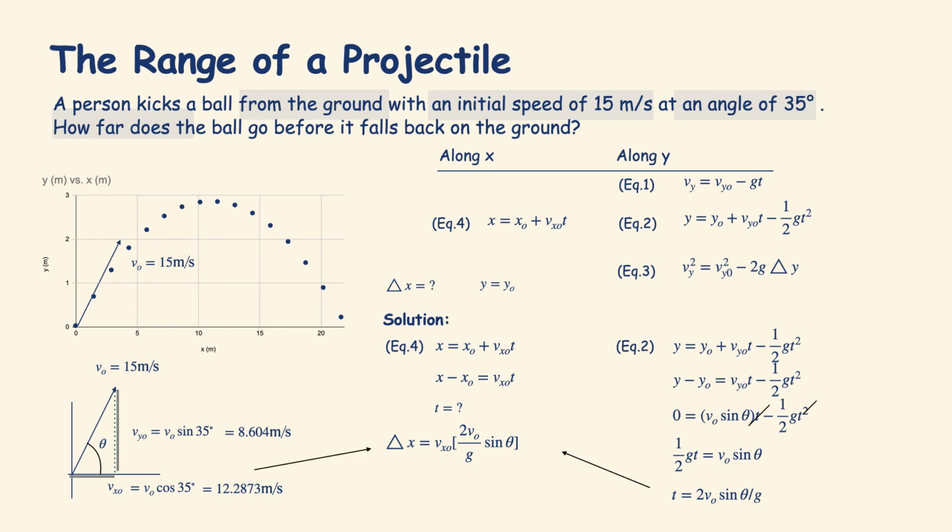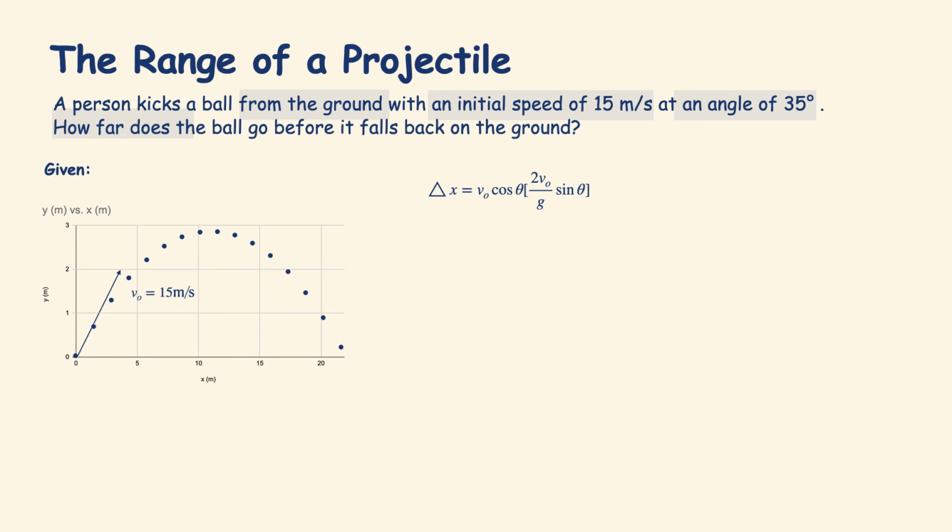Not only that, but I also know what the initial velocity along x is, again, from that trigonometric analysis in the lower left corner. So I'm going to replace vx naught with its expression v naught cosine 35, so that for the distance of the ball, I will have v naught cosine theta, that's the x component, times the expression in the brackets, which is the value for the time of flight, 2 times v naught over g times sine theta.